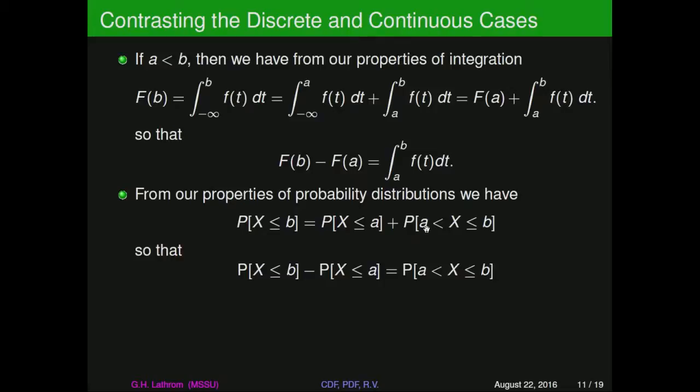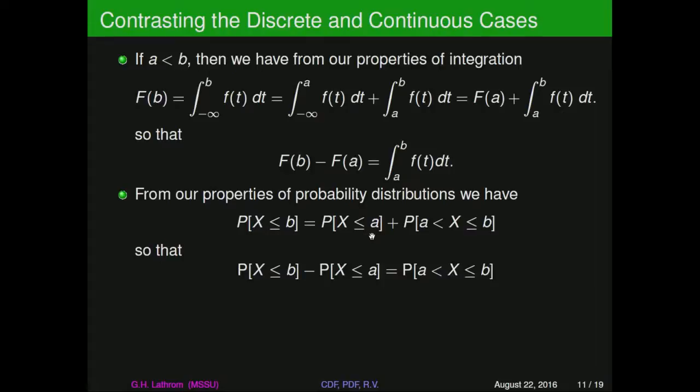What's the probability that a is strictly less than capital X is less than or equal to b? Remember that these two sets cannot overlap. So in order to have the probability be a sum, we have to have those two sets being mutually exclusive. They have to be disjoint.